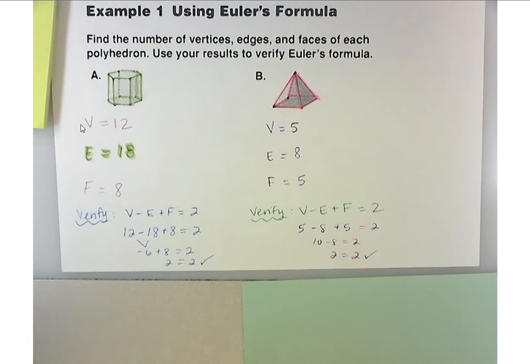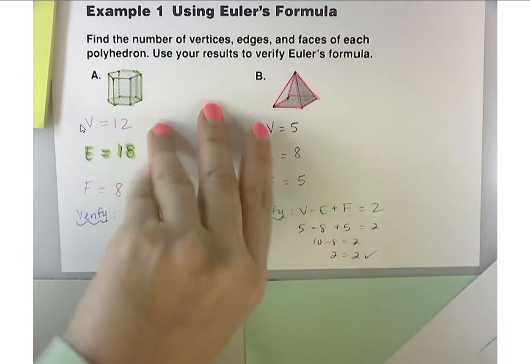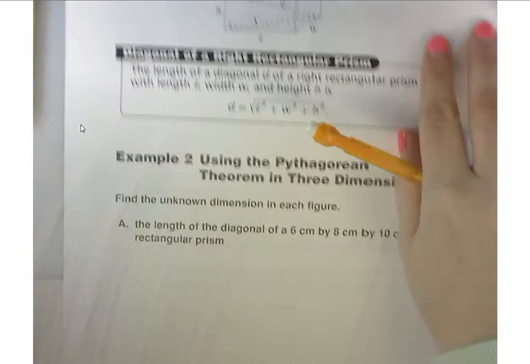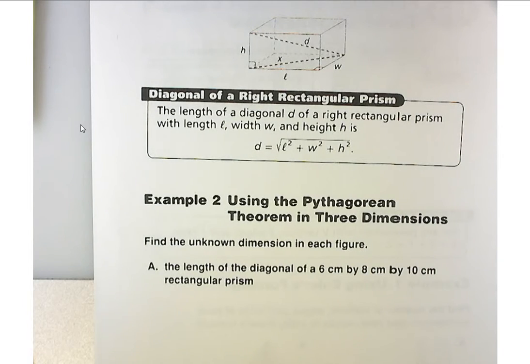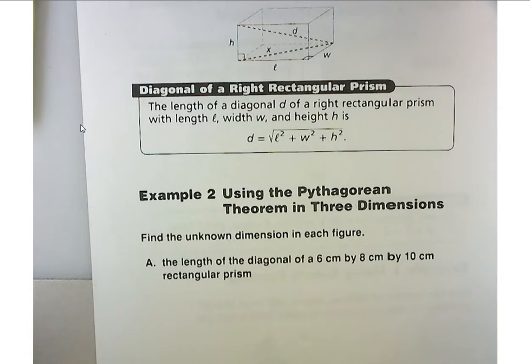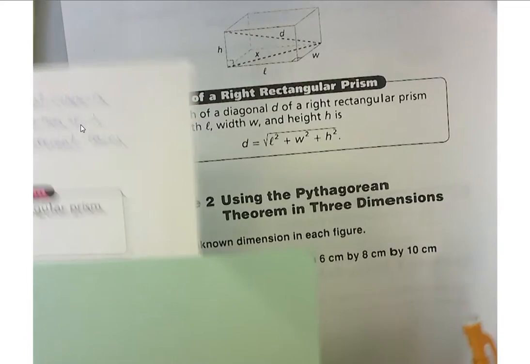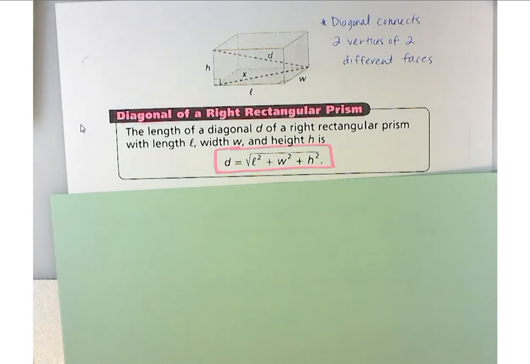All right, and then let's go to page 2. Okay, and for page 2, what we're going to look at is the diagonal of a right rectangular prism. Now a diagonal is going to connect 2 vertices of 2 different faces.